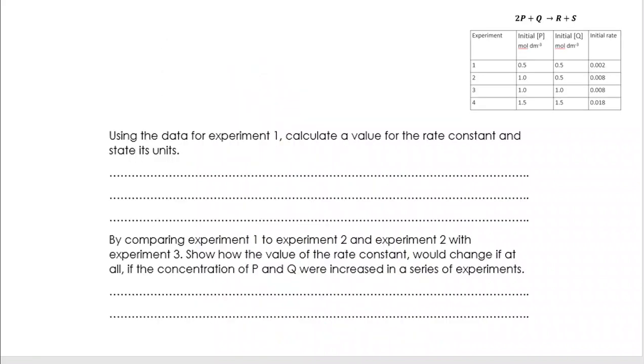To finish off, we have got a few more on that same experiment. So I've brought the data across once again, and I'm going to put the overall rate equation in because it's k times [P]², because we know it's second order with respect to P and zero order with respect to Q. So you're then asked to use the data for experiment 1 to calculate a value for the rate constant and state its units.